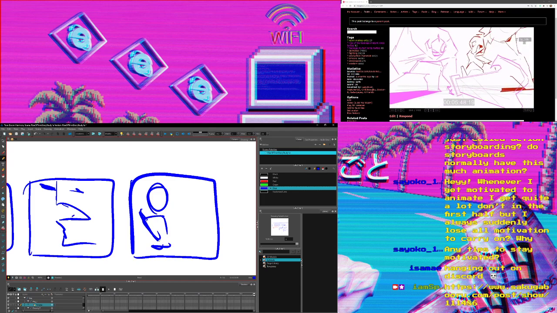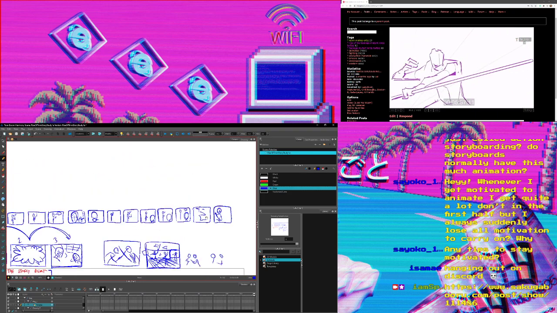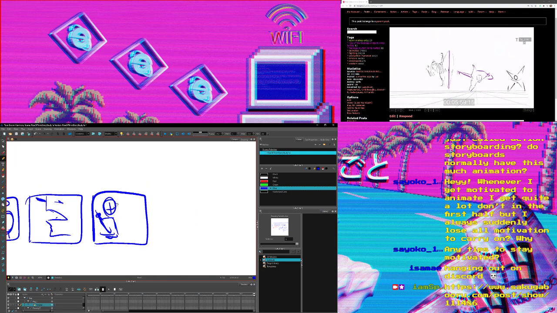Maybe a medium shot of the smoking character as he's listening to the other guy. And he turns his head up, like he's thinking about what he's saying or something.